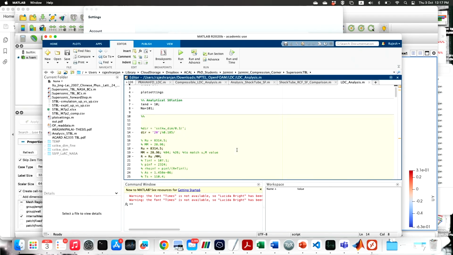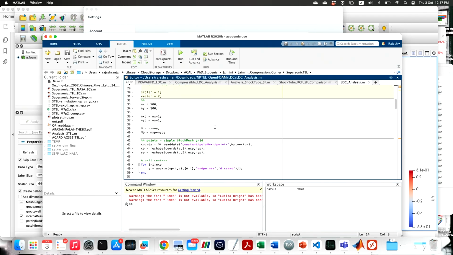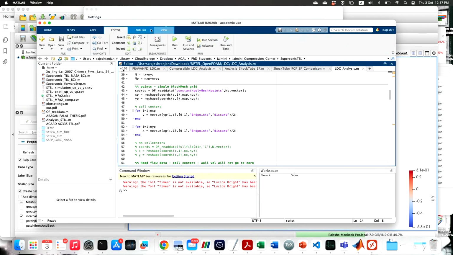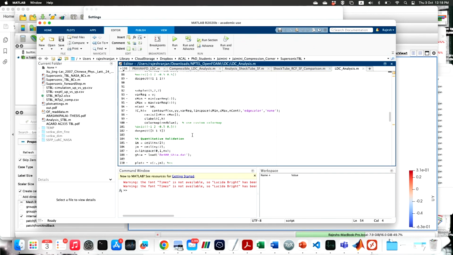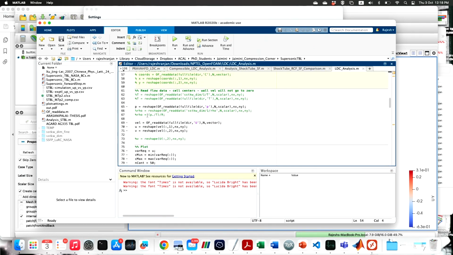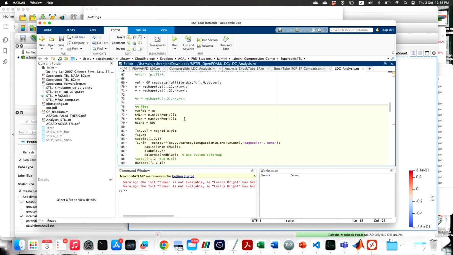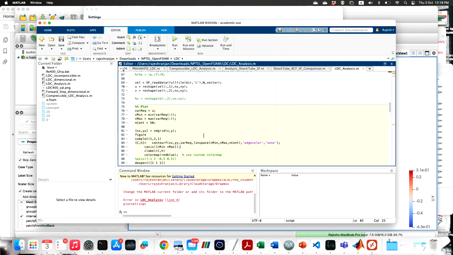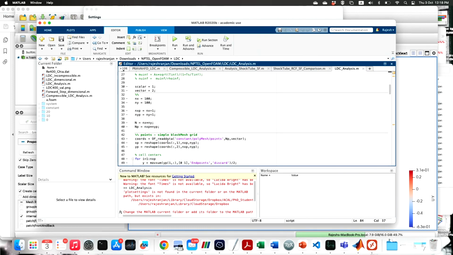Let me make this size bigger. Okay, fine. So I am reading those files of the velocity and the pressure, and then I am plotting those quantities that I saw in ParaView. Plot settings.